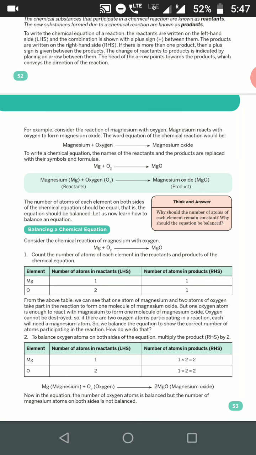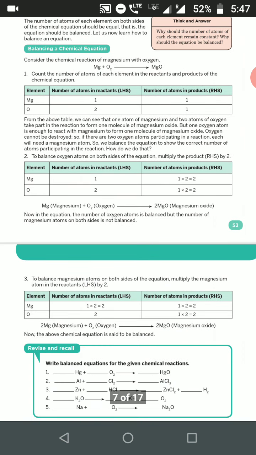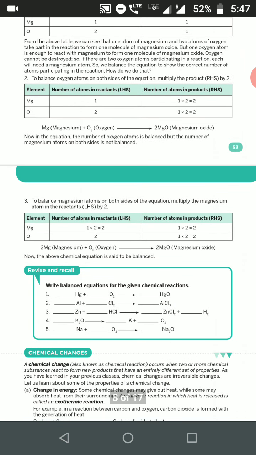So we balance the magnesium by multiplying it with 2. So 2 Mg plus O2 gives rise to 2 MgO. In this way you have to balance a chemical equation.